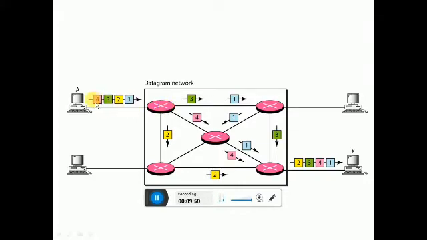The message which originates from station A, meant for station X, is divided into smaller units known as packets, and each of these packets which belong to the same message is going to be processed by these routers independently, and then routed through different paths to reach the destination, depending on the situation at that particular time.